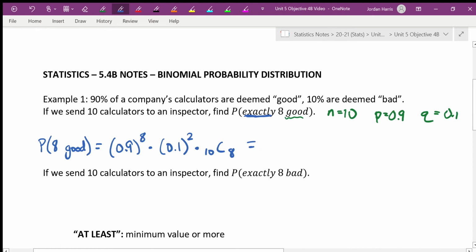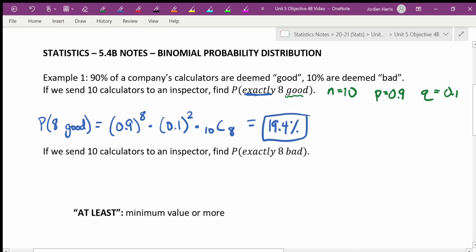And we just type that in our calculators. 0.9 to the 8th times 0.1 squared times 10C8, round to the tenth of a percent, and I get 19.4%.